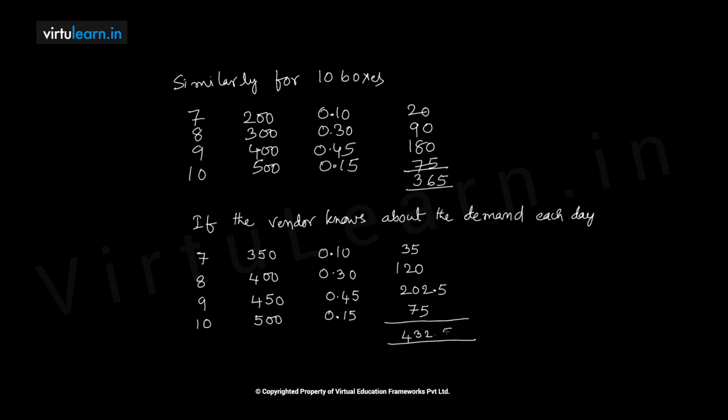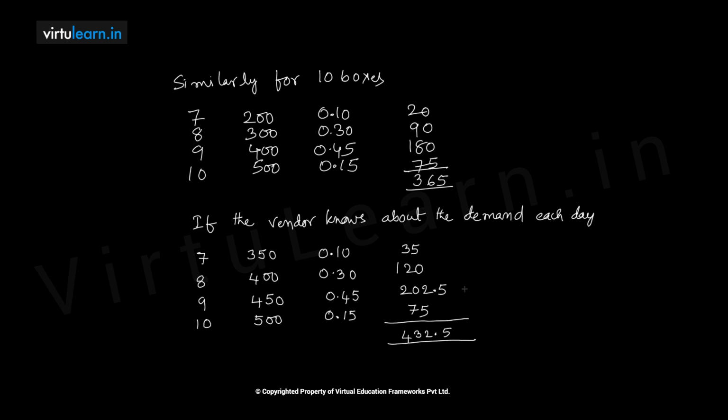432.5. So when we observe these values, we could see what is the profit when 9 boxes are sold, what is the profit if 10 boxes are sold, what is the profit if 7 boxes are sold or 8 boxes. We see the choice of stocking 9 boxes is giving us highest profit.